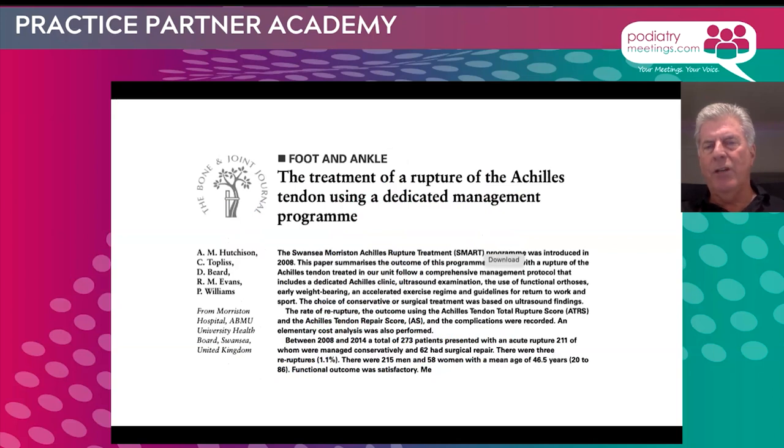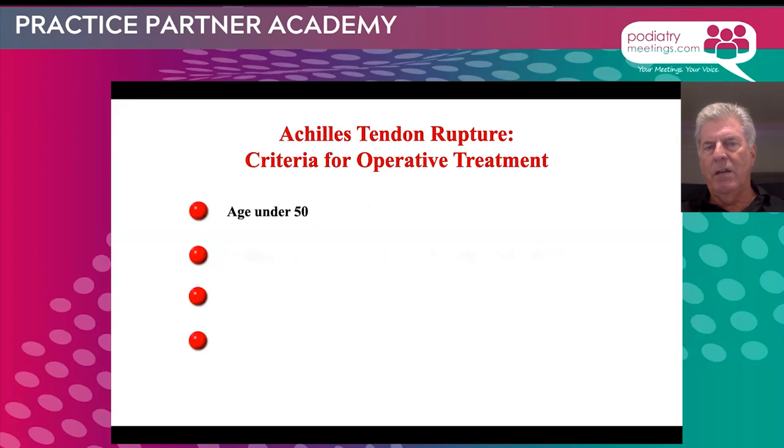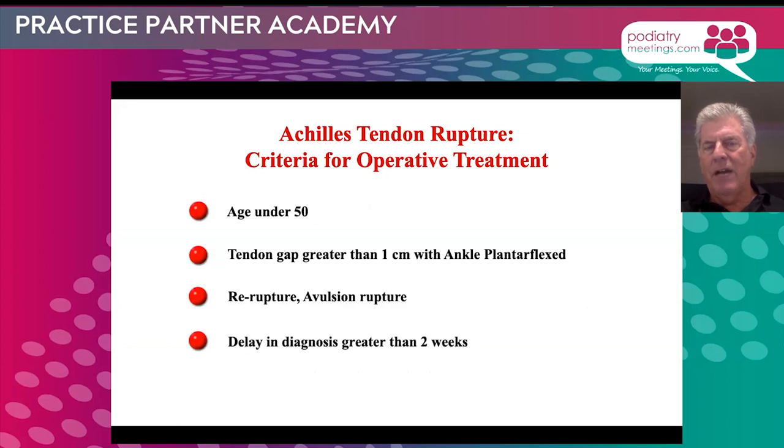I think this is a really good protocol that I saw published in JBJS about 4 or 5 years ago. And it basically used tendon gap and age combined to determine which patients would do well following Achilles tendon rupture treated operatively versus non-operatively.